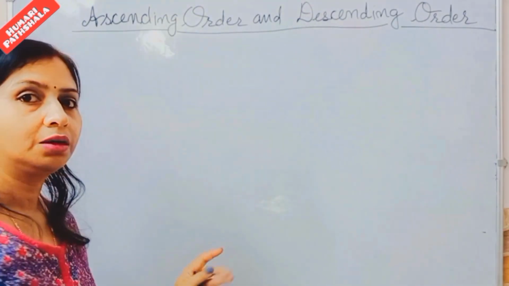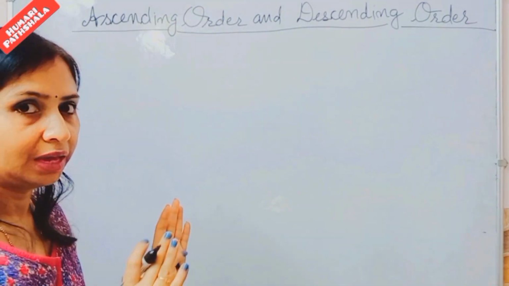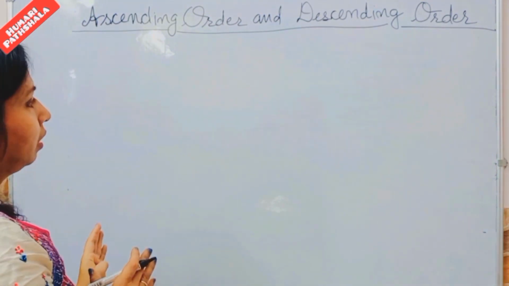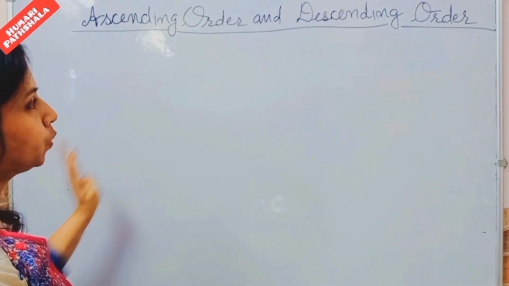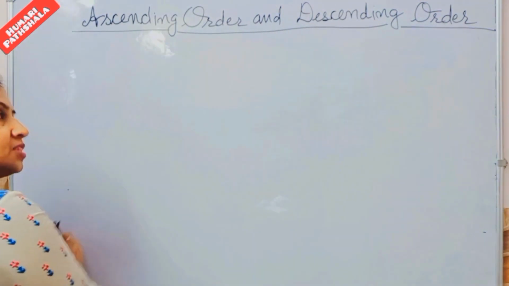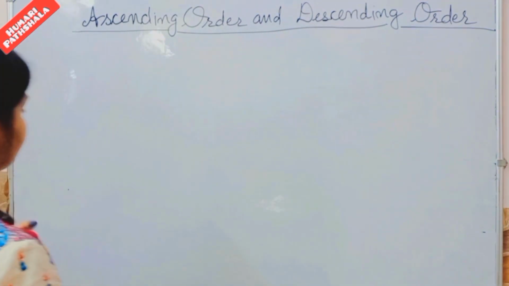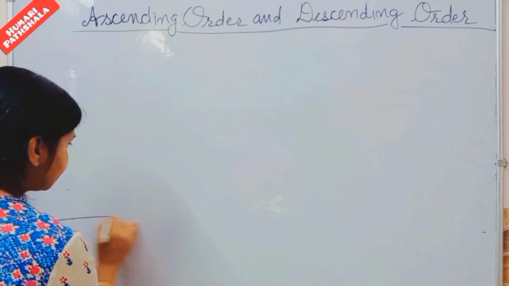So, let us start with ascending order. Ascending order means smaller to bigger, or smallest to biggest. Let me draw this.